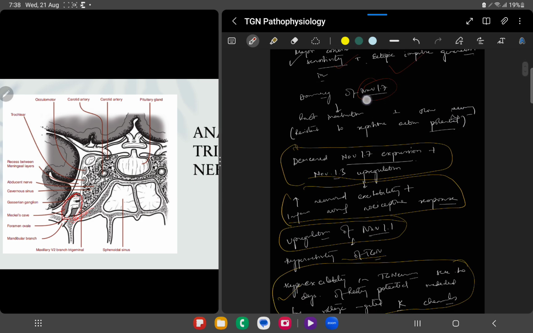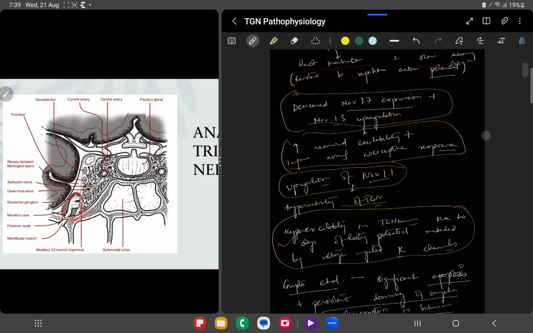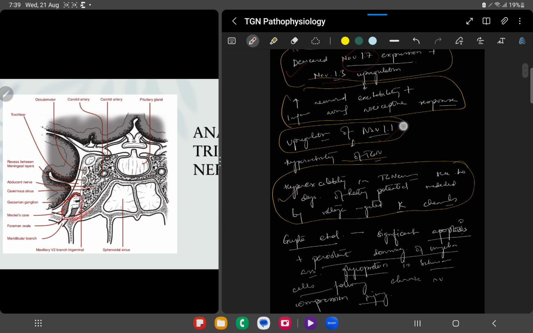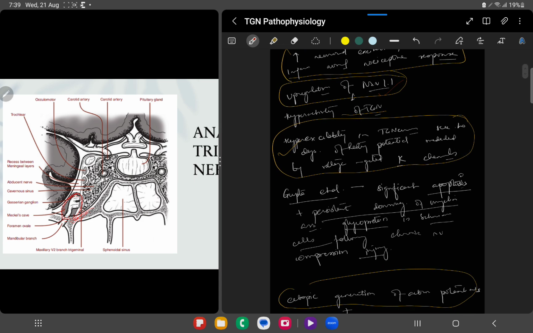Whenever there is downregulation of NAV 1.7, we have fast inactivation as well as slow recovery, and this downregulation of NAV 1.7 and upregulation of NAV 1.3 is responsible for increasing neuronal excitability, and there is an impaired normal nociceptive response. There is also an upregulation of NAV 1.1, which leads to excitability of the trigeminal nerve.